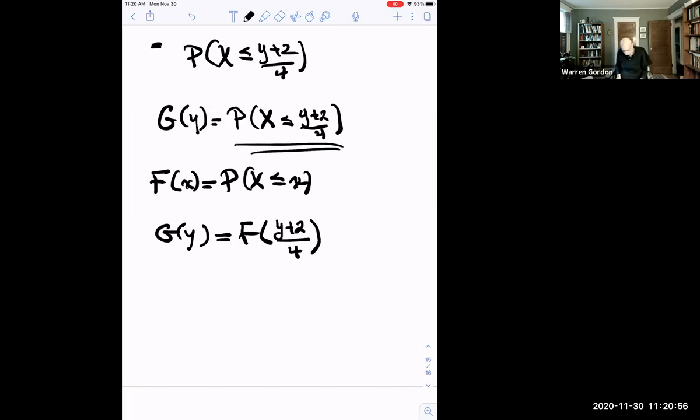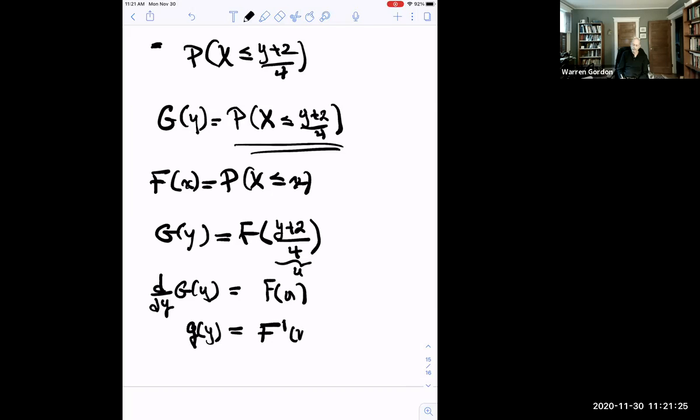So if I differentiate this with respect to y, and by the way, let me call this for a moment u. Then by definition, the derivative of the CDF is the PDF. And by the chain rule, if I'm differentiating this with respect to u, this gives me f of u times du dx, du dy, I'm sorry.